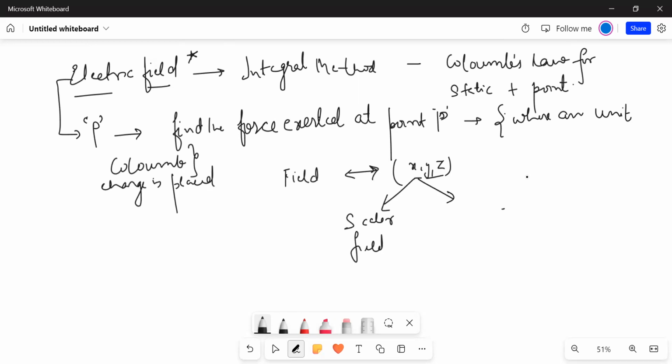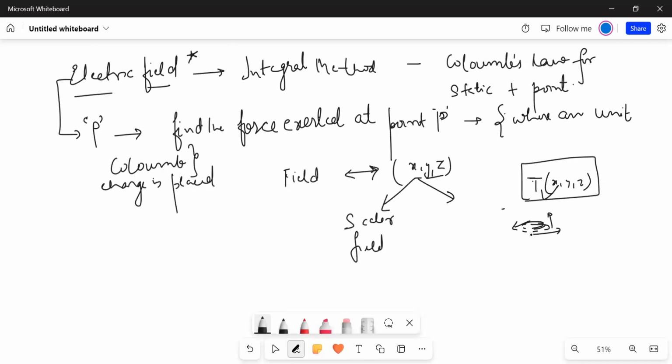let's say I told you one example: in whichever room you are sitting right now, if one has to map temperature as a function of x, y, z, then this would be called a scalar field. And if one wants to find the velocity of the air, or the rotation of the air, propagated by your fan moving in your room, then you know that a direction sense would come.